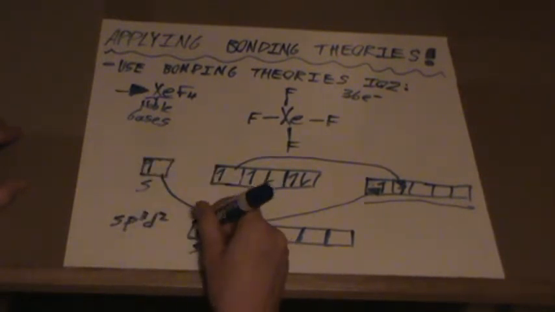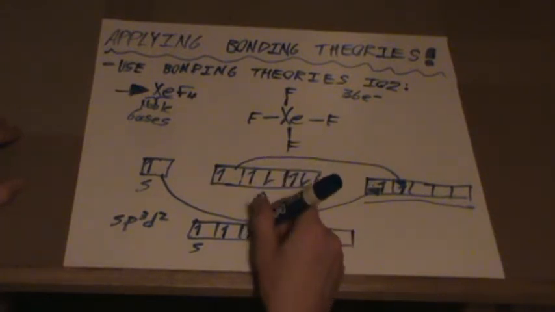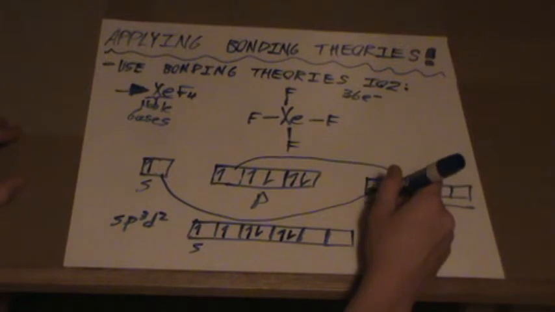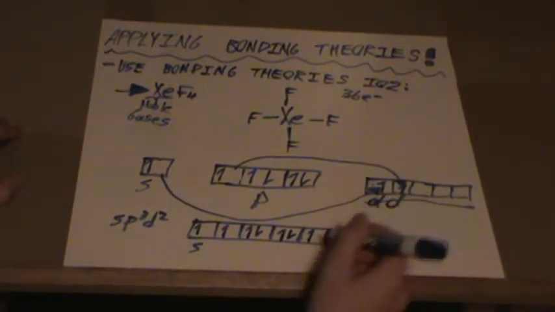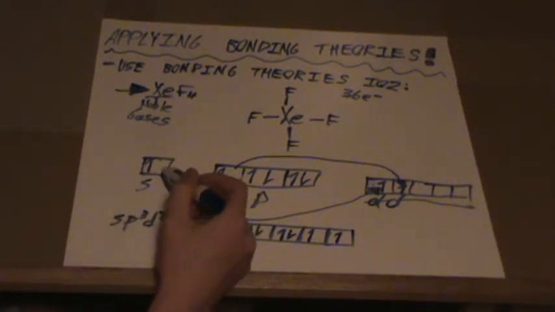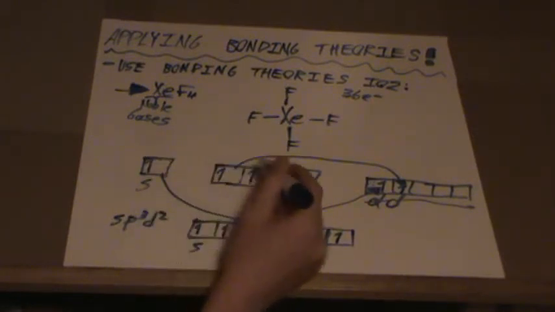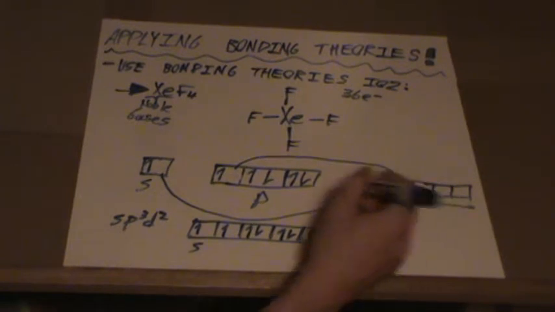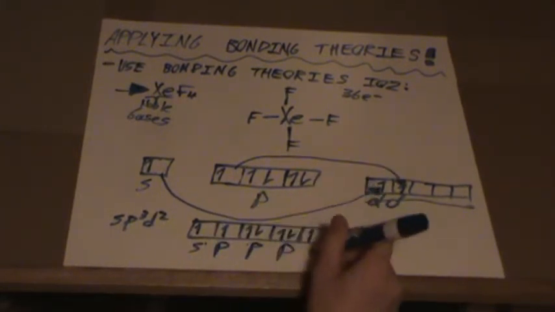S is half full, P half full, and then PY, PZ full, and then D half full, because as we can see, by taking two full orbitals and moving them over into empty orbitals, we are making these ones half full and making these orbitals go from empty to half full. And so this gives us four half-filled orbitals.